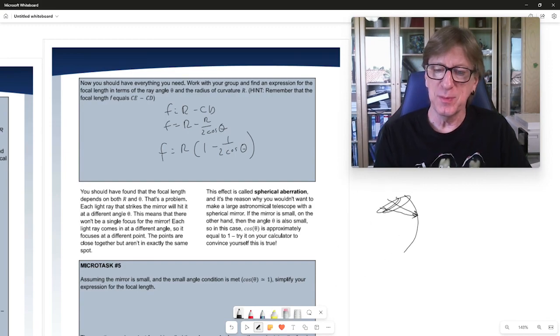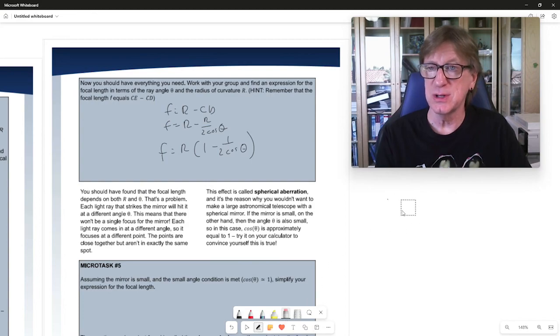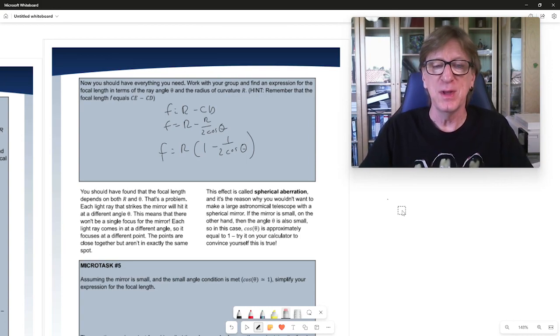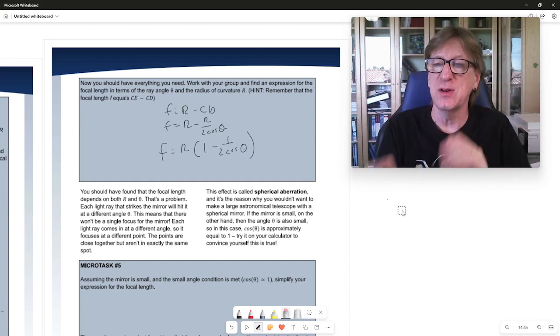Well, that's a problem, because that means we're going to get some distortion in our image. It's just going to be a little fuzzy. And so this effect is called spherical aberration, and all spherical mirrors have this problem. For the curious, most astronomical mirrors are actually parabolas, so that no matter which direction it hits, it's always going to get reflected at the correct angle from that.